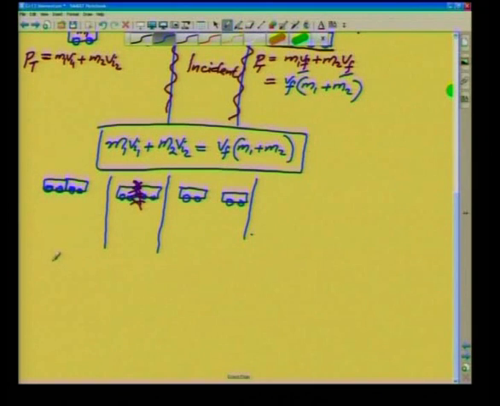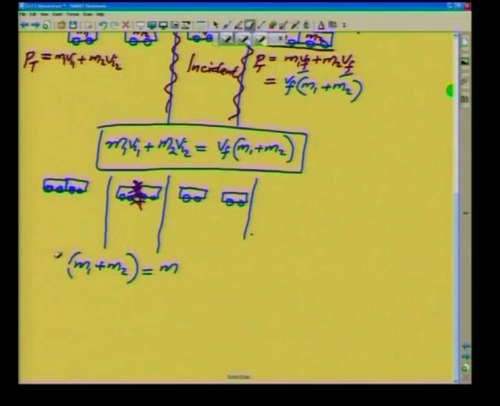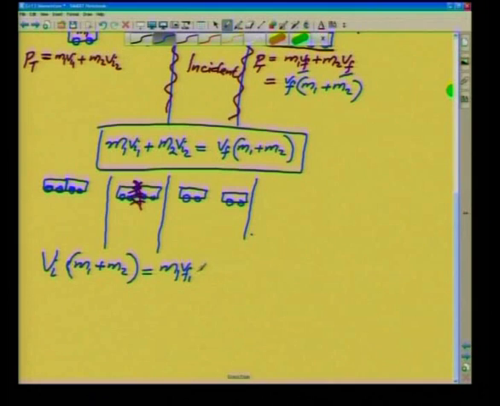So they have the same velocity at the beginning: V initial times m1 plus m2 will be equal to m1 V final 1 plus m2 V final 2, because they separate.